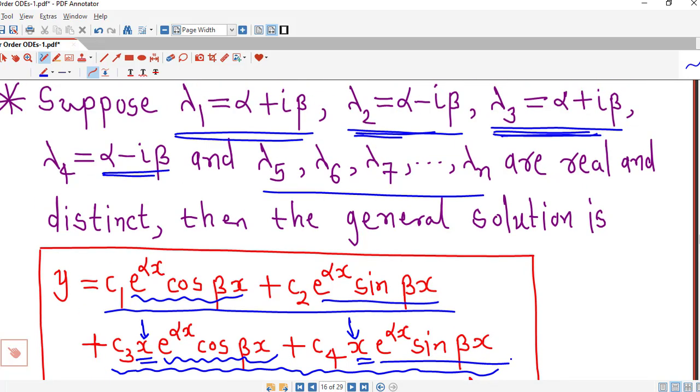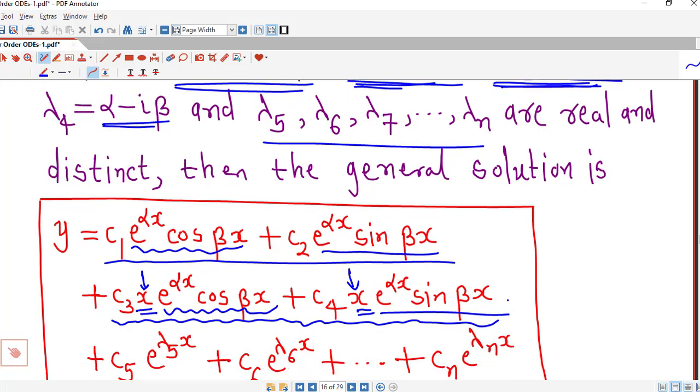So these are the different possibilities. There might be other possibilities also, but we know how to write down the general solution now. After discussing this many possibilities, what we should take care of is, if roots are repeated, we have to multiply by powers of x to make them independent.